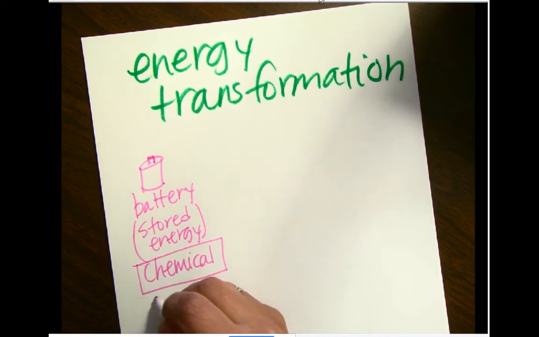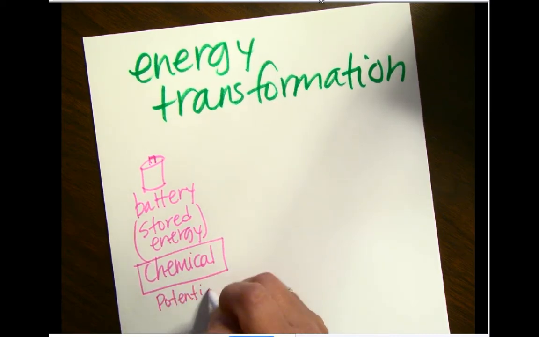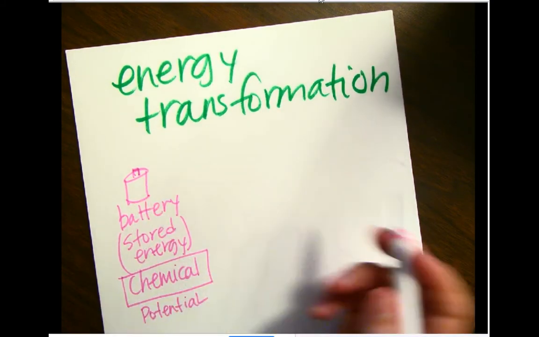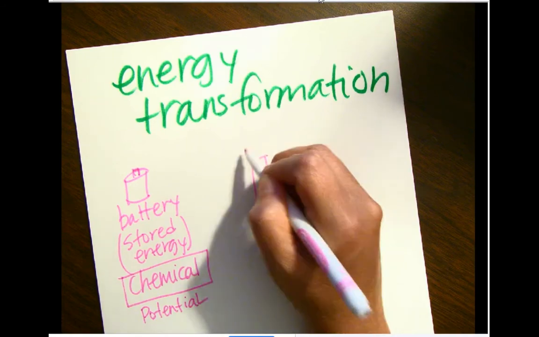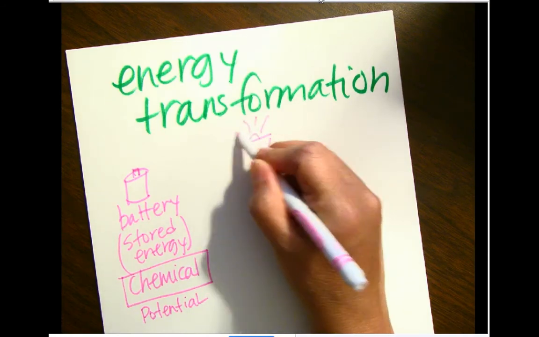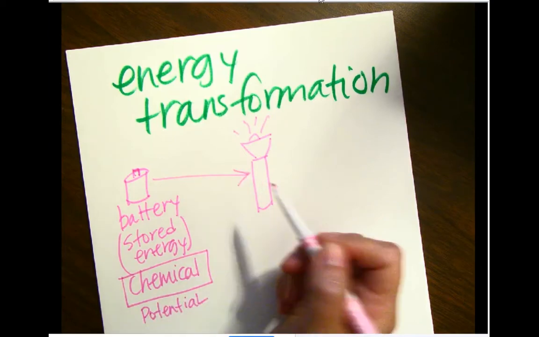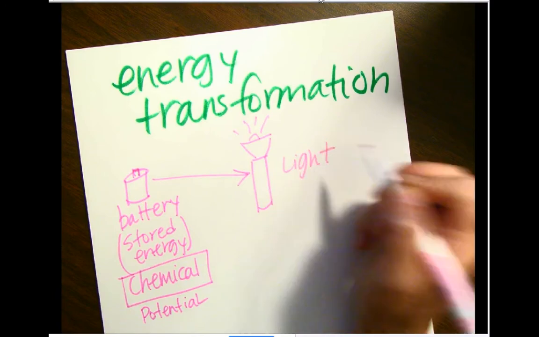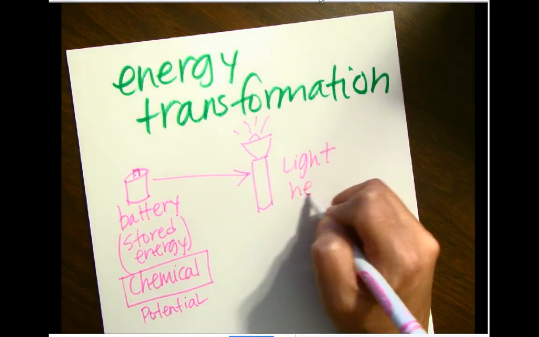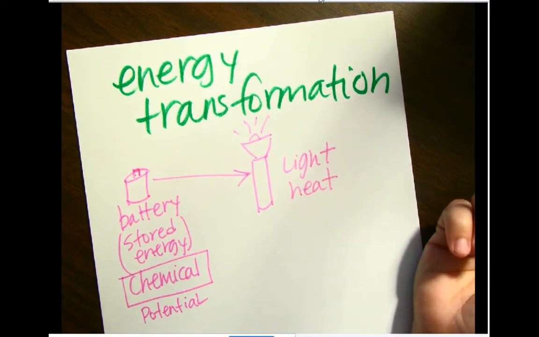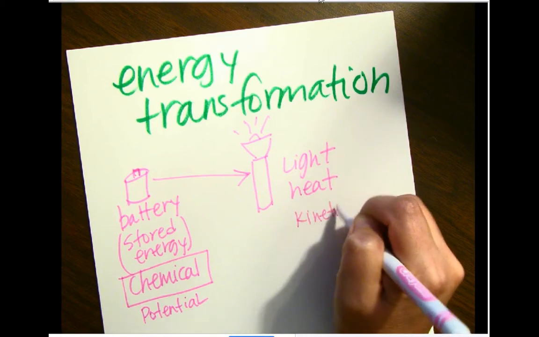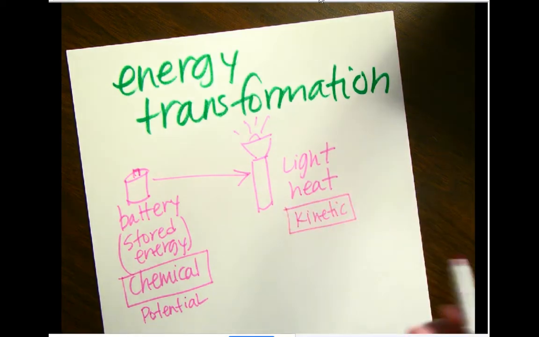And this type of energy, we call it potential energy. It's got a lot of potential, just waiting to be used. And when you put a battery, let's say, into a flashlight, that energy gets transformed into light energy, heat energy. Okay? And these are forms of kinetic energy, motion energy. So this is an example of energy transformation from last year.